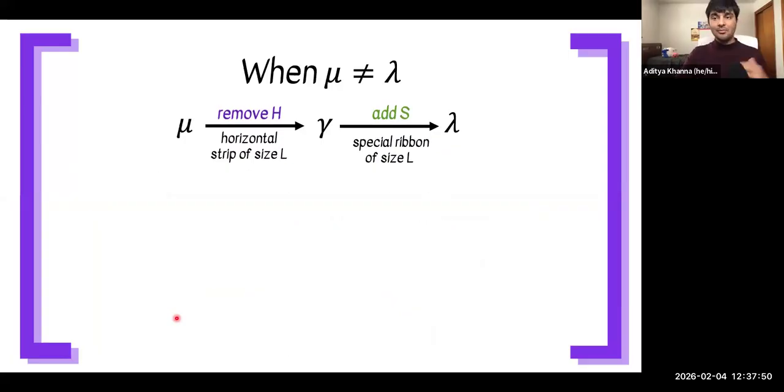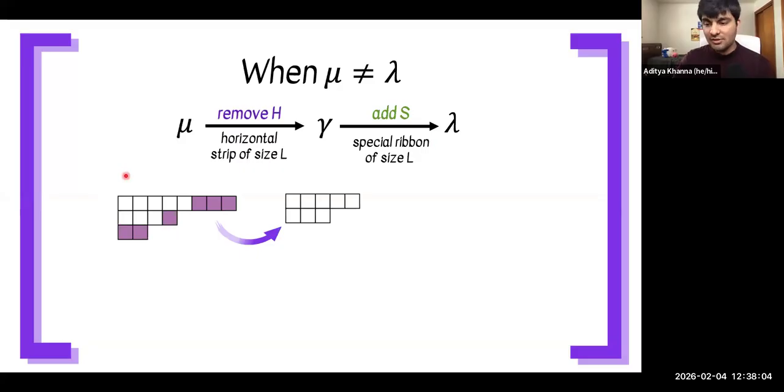Now let's look at the more exciting case where the starting and final partitions are not the same. So I remove a horizontal strip, I add a special ribbon. What happens? Well, I start with this. I remove some horizontal strips and I add a special ribbon. This is my mu, this is my lambda.